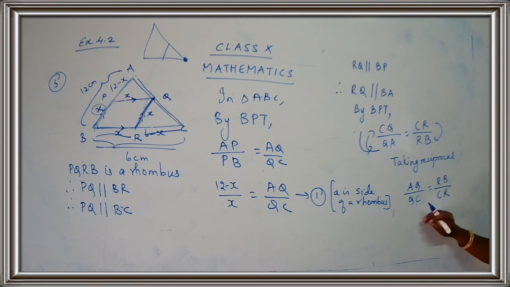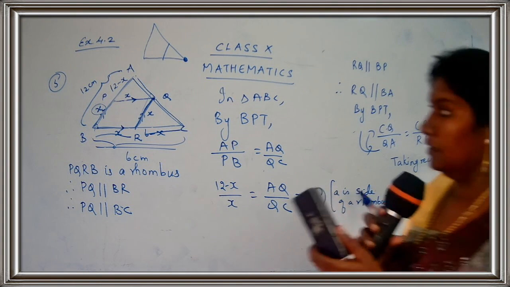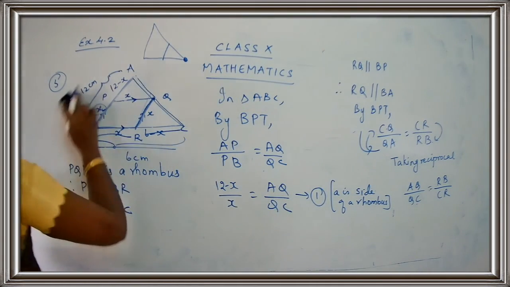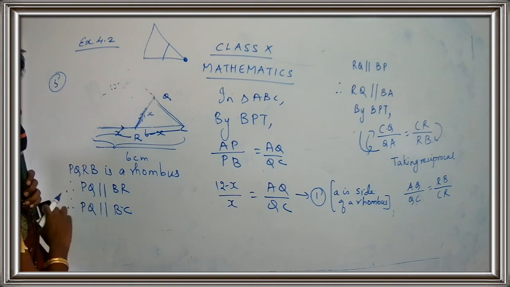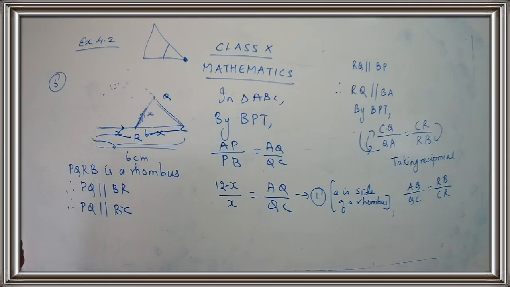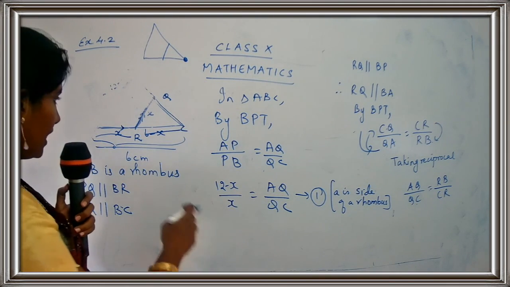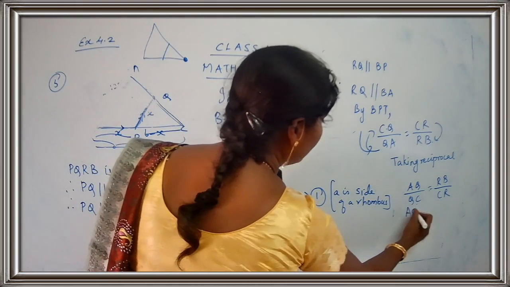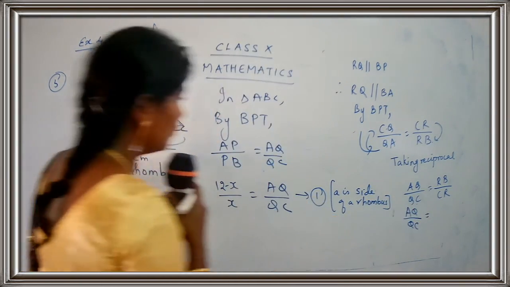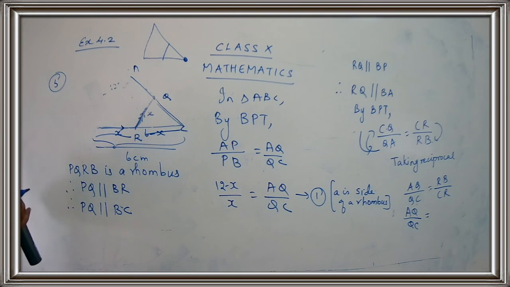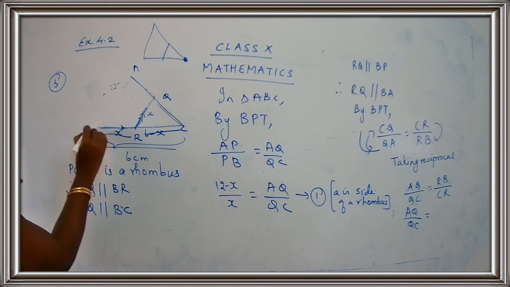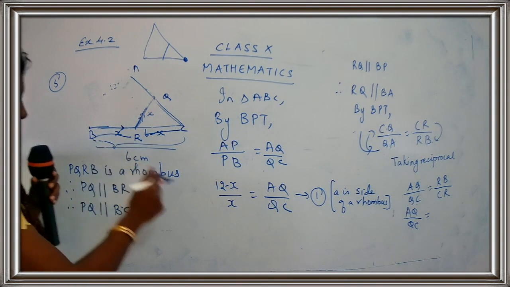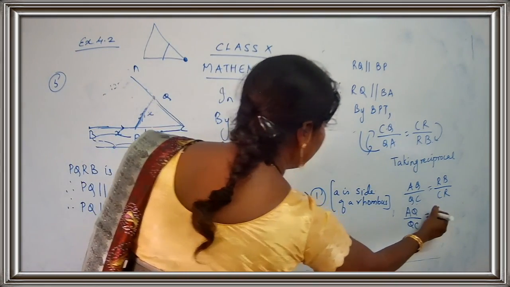Now we are just going to fill out some of the details. Let's see how to write down the details over here. I want this value. For AQ upon QC, you don't know the value, yes children? So take down here AQ upon QC. This is equal to, what is RB? It was X. And what is CR?